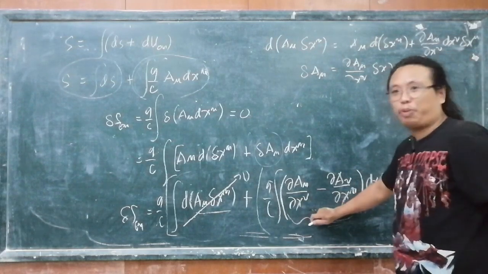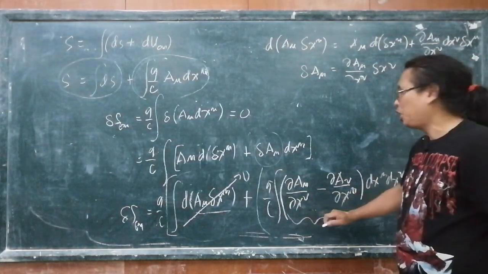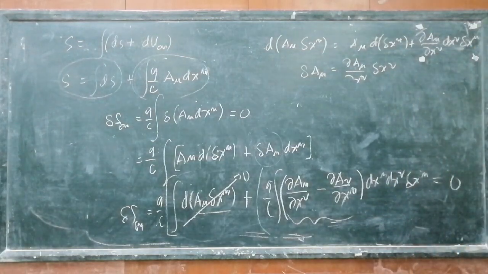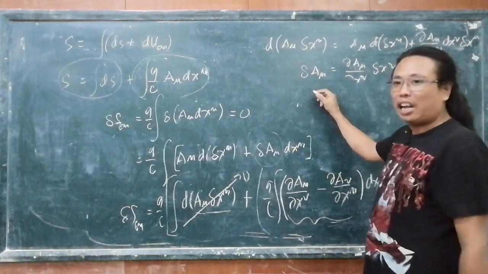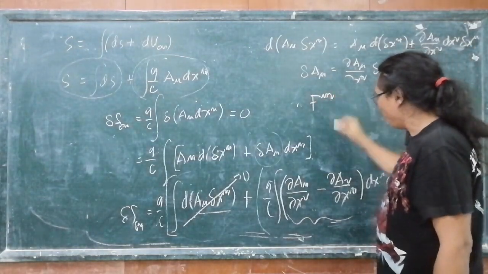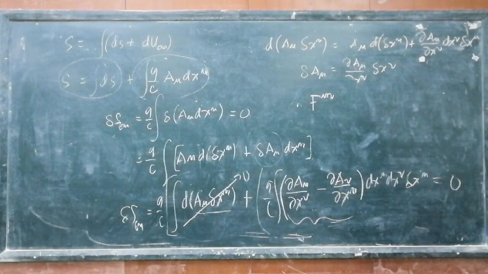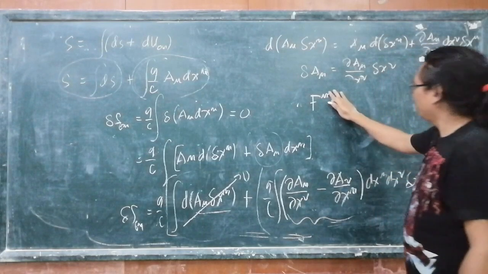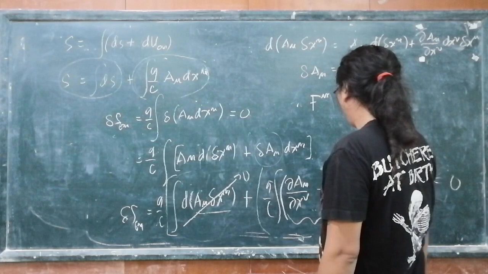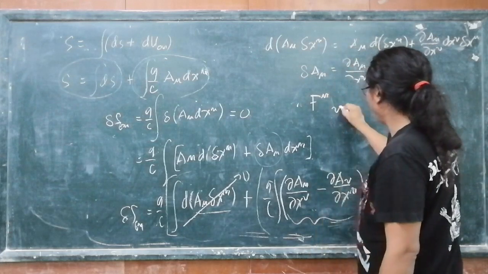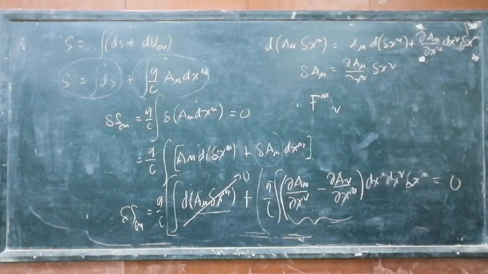Well, this plays a special role such that we can now define a second rank tensor, F_mu nu. Okay, F_mu nu.